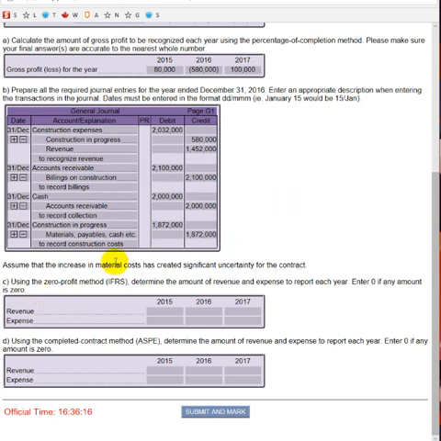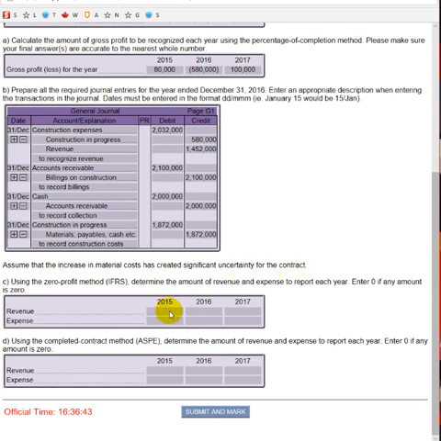Now, we're assuming that the increase in materials costs has created significant uncertainty for the contract, which means we're not going to record the contract under the percentage of completion. We're going to record only the percentage of profit which we've sort of earned, and since we're using the zero profit method, that means that we don't think we've earned anything. We're not sure we're actually going to get paid for the remainder of our project.